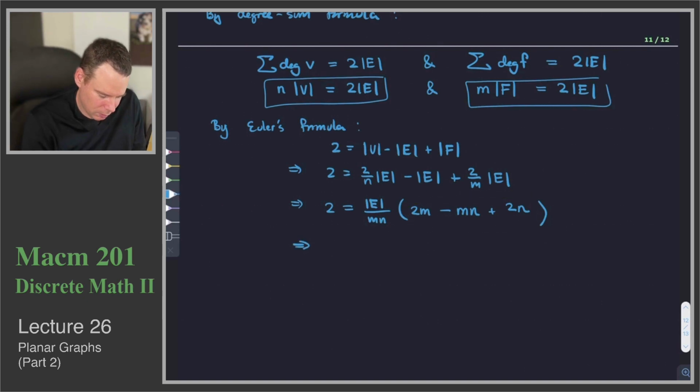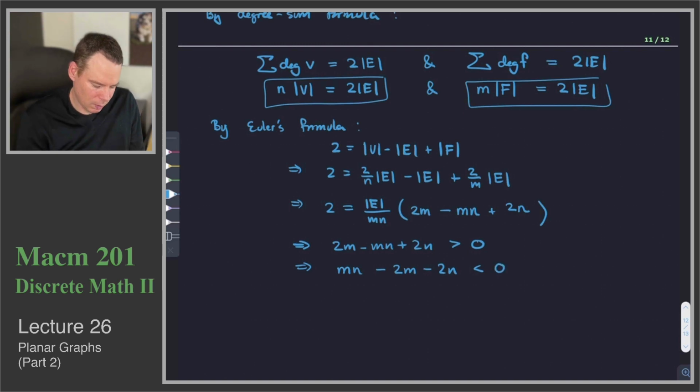So this tells me that 2m minus mn plus 2n has to be strictly positive. But then if I negate both sides, then what I get is mn minus 2m minus 2n is strictly less than 0. I'm going to add 4 to both sides of this.